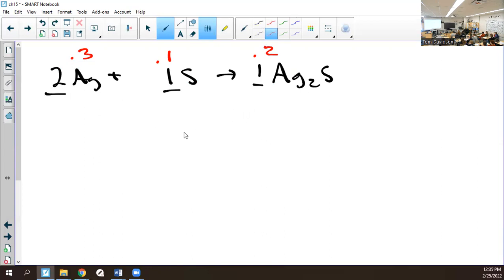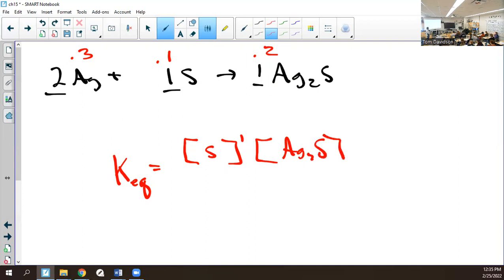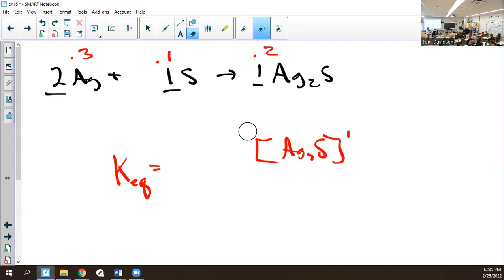So what we want to know is the K eq, or the mass action answer, the literal number. First we write out the concentration of the products and raise them to their coefficients.